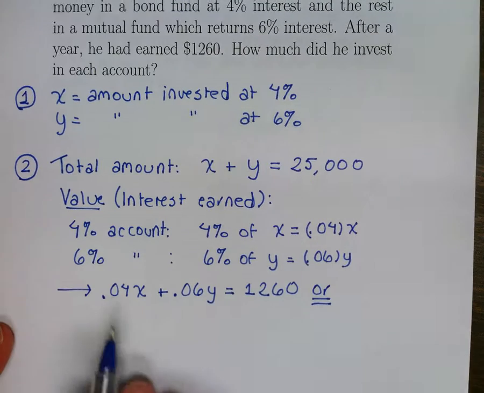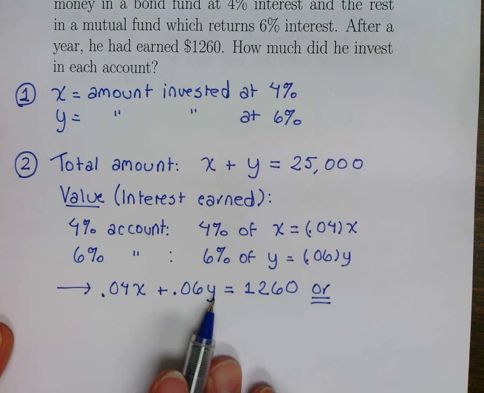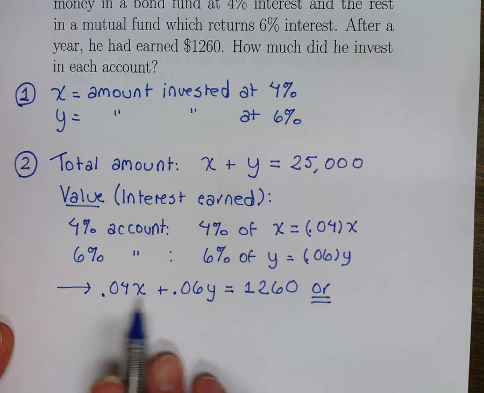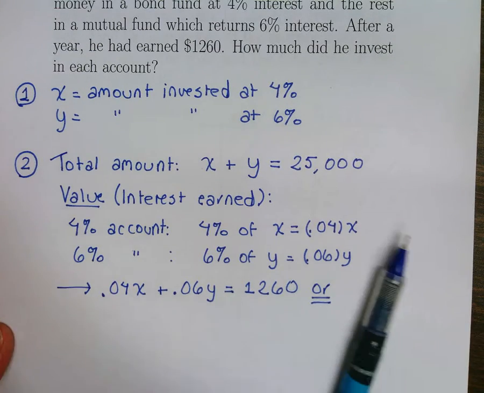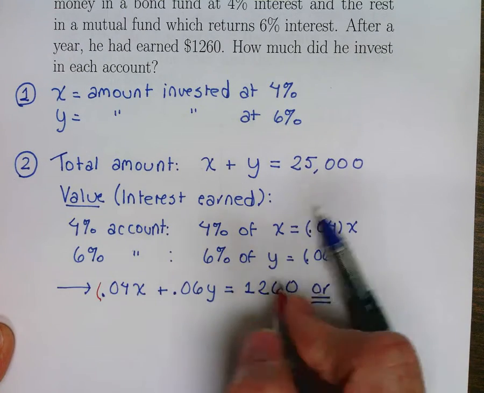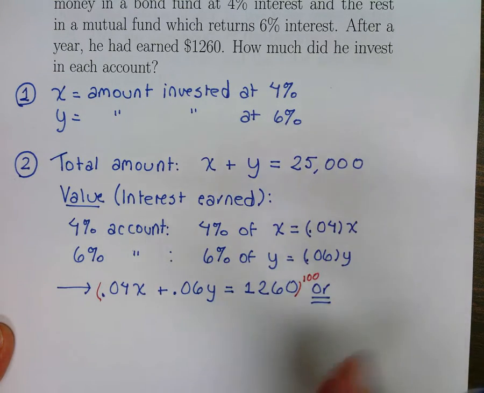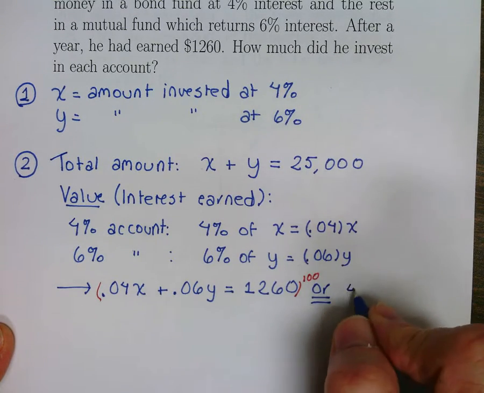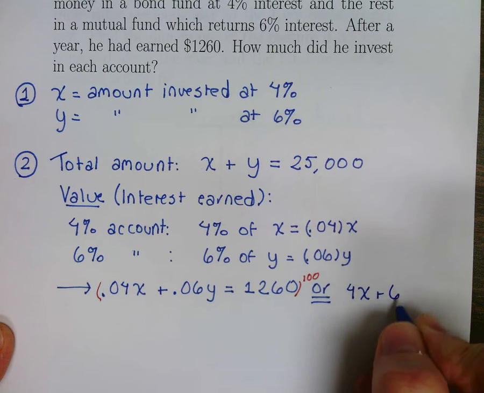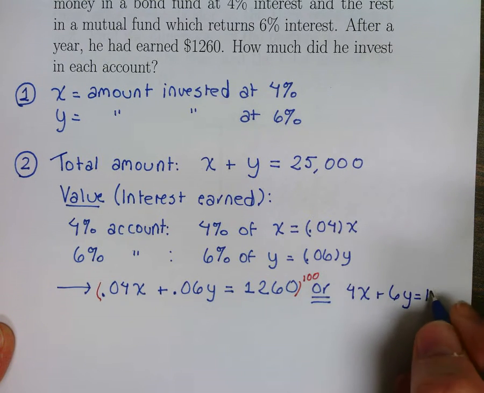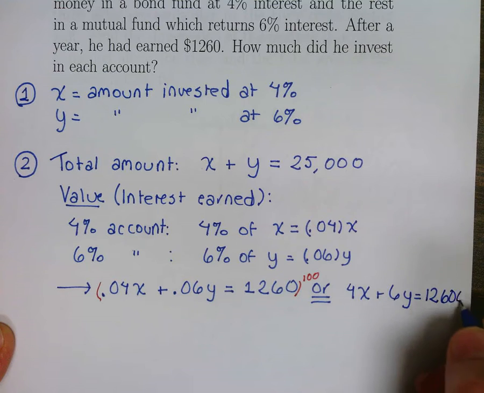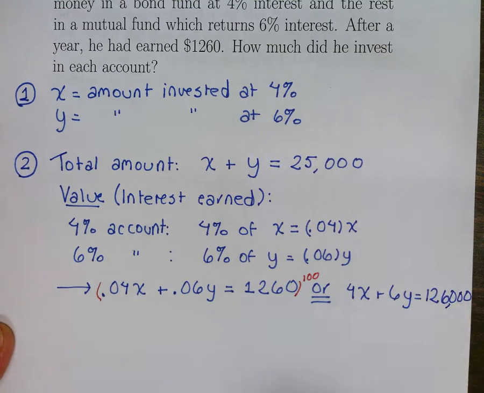Now, I don't know about you, but I don't like to work with decimals, so I'm going to multiply the whole equation by 100. Each term, and what will that give me? 4x plus 6y equals 126,000.